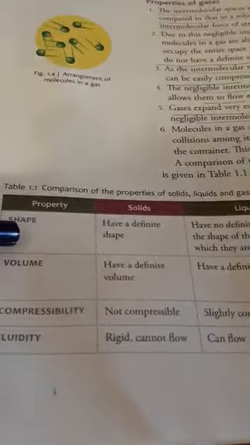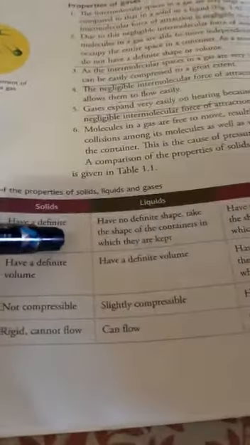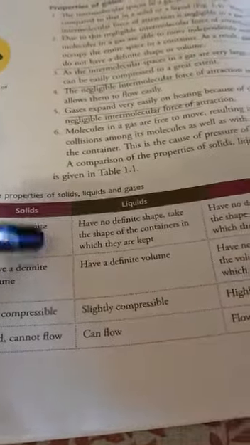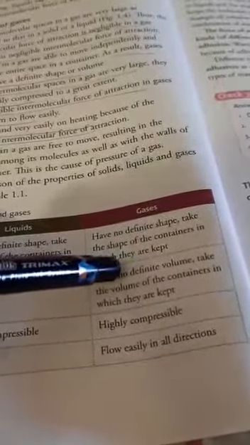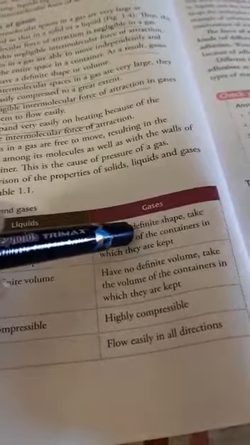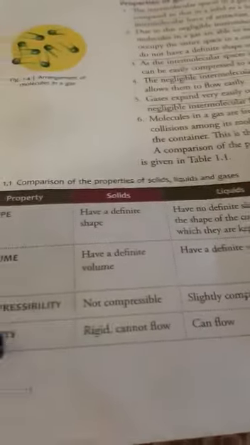On the basis of shape, solids have a definite shape. Liquids do not have a definite shape, they need a container, and gases have no definite shape. They take the shape of the container.